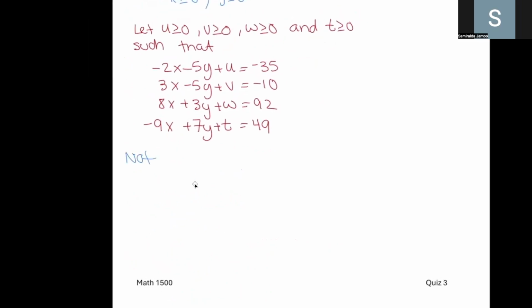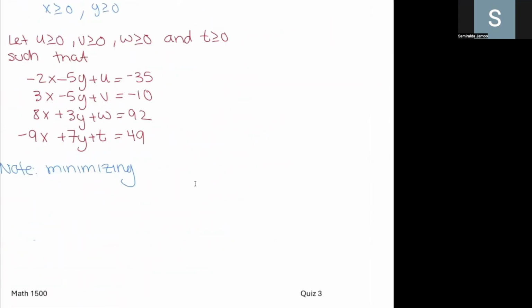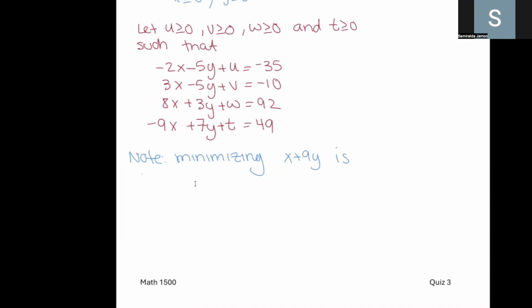Note. So minimizing our original, which is, I already forgot what it was, x plus 9y, is the same as maximizing the opposite. So negative x minus 9y.